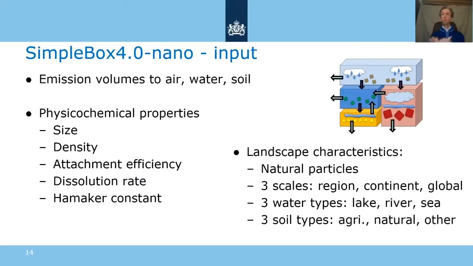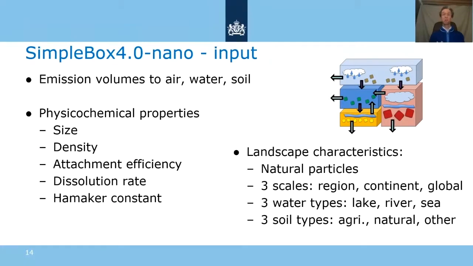Now, the inputs required to run the model: they require an emission rate for a nanomaterial to the different environmental compartments, such as air, water, and soil. We also require physical-chemical properties of the nanomaterial. These are the size, or the diameter or radius of the particle, the density, the attachment efficiency, the dissolution rate, and the Hamaker constant.